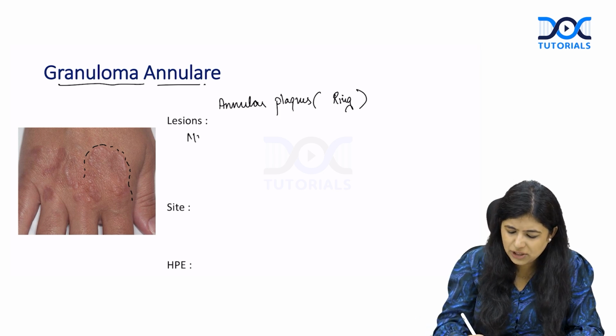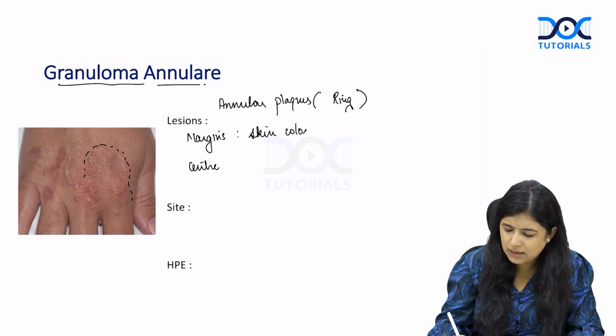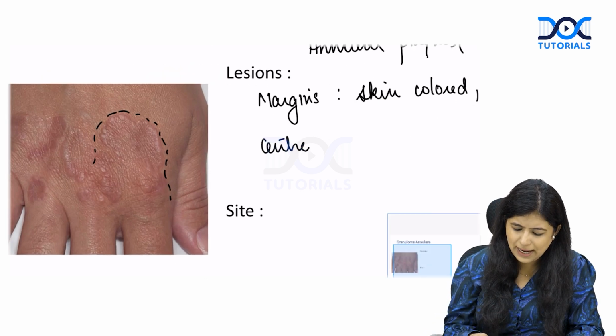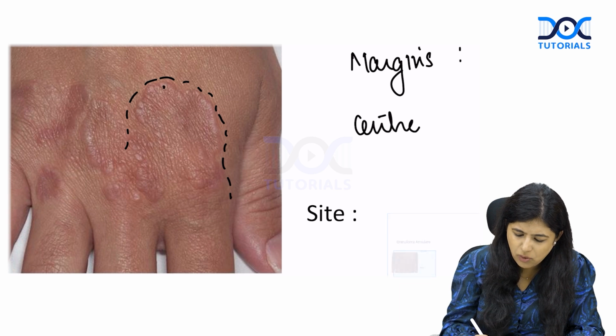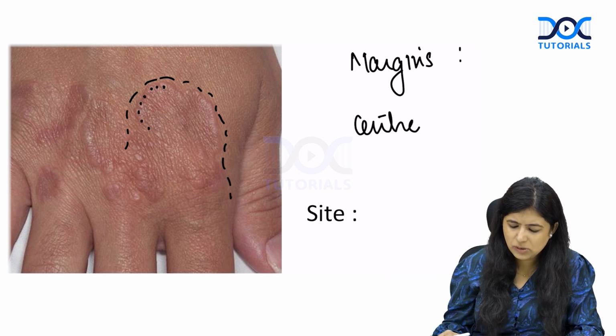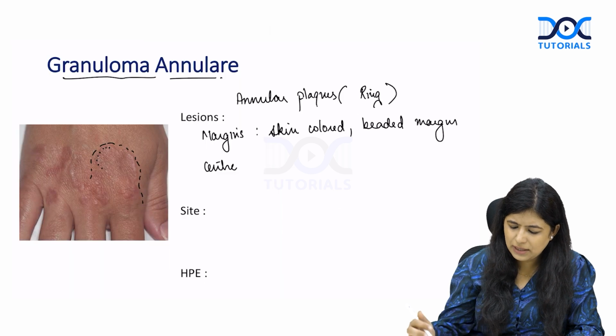Whenever we have annular lesions, we have to see what are the findings in the margin as well as the center. The margin here is skin-colored beaded margin. What is the meaning of beaded? When you look closely at the margin here, you see small beaded look in the margin here. So that is why it is called as beaded margin.